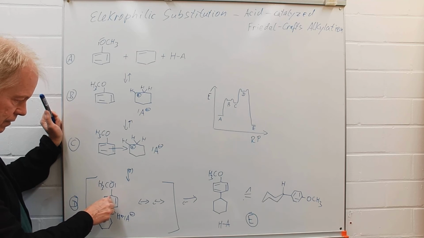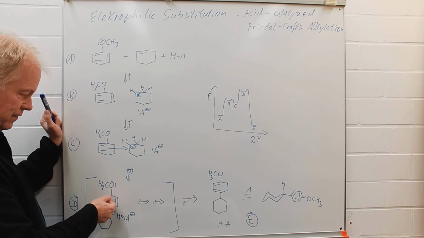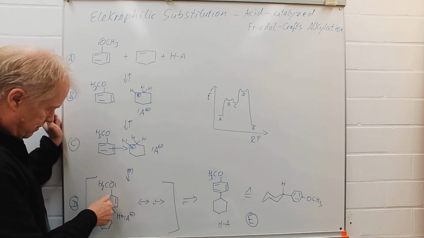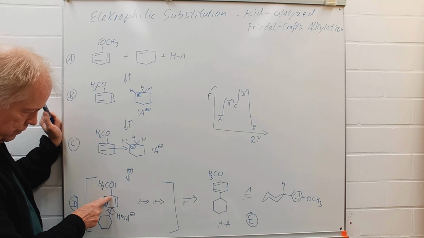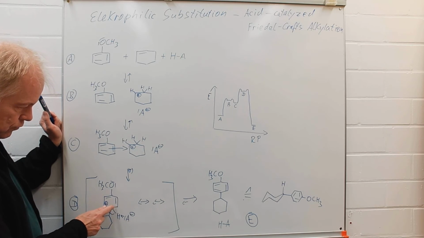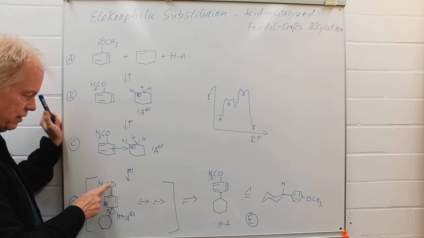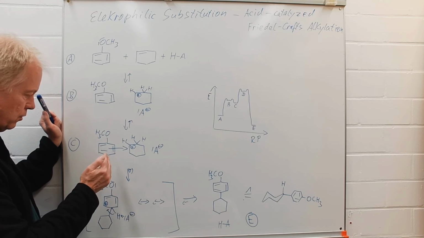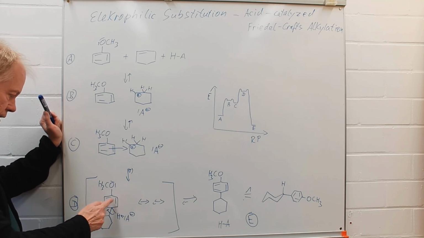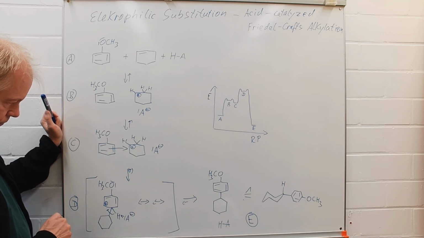Then if that double bond migrates, this is another mesomeric structure with a positive charge here, then we could formulate one with a positive charge there, and of course also one with a positive charge at the oxygen, because the free electron pair can also participate in the mesomeric stabilization of that cation.